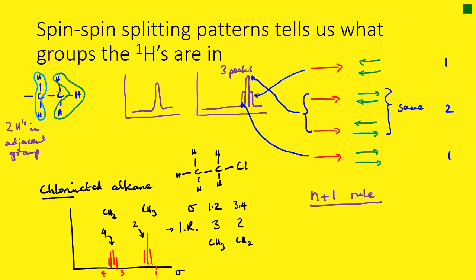We can put that into words by saying that if there are N+1 peaks on the spectrum, then this is caused by N hydrogens on adjacent carbons.